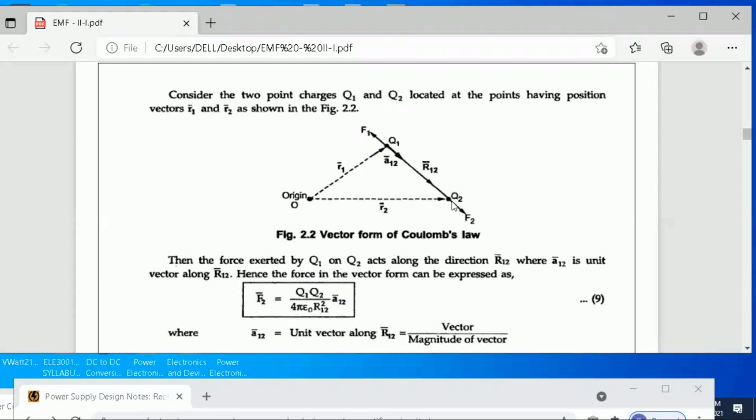And of course, we already know how to calculate the unit vector. The unit vector is the vector over the magnitude of the vector, as we know.